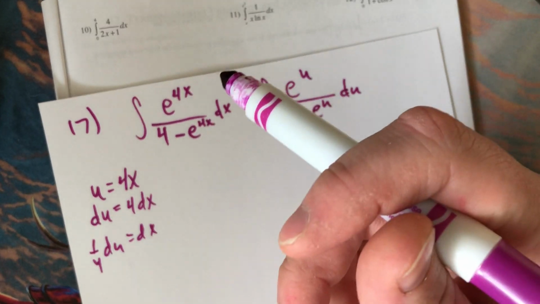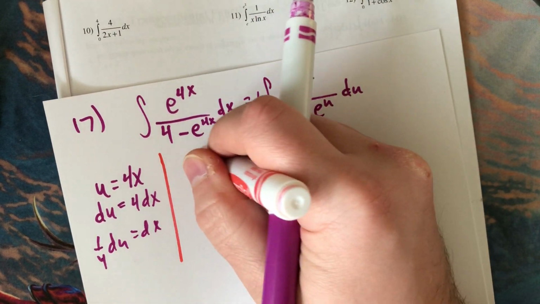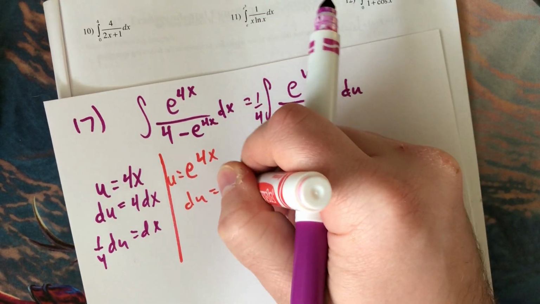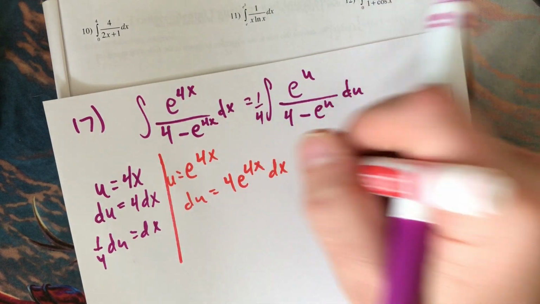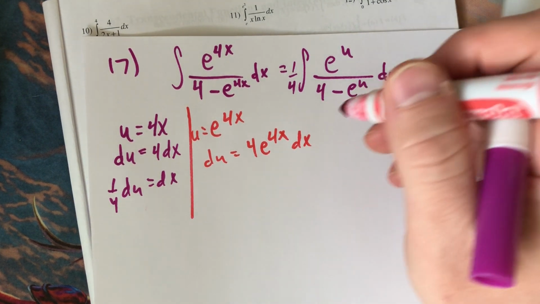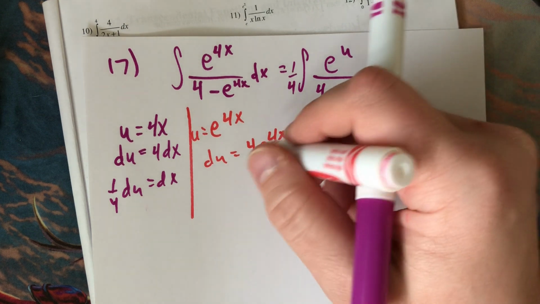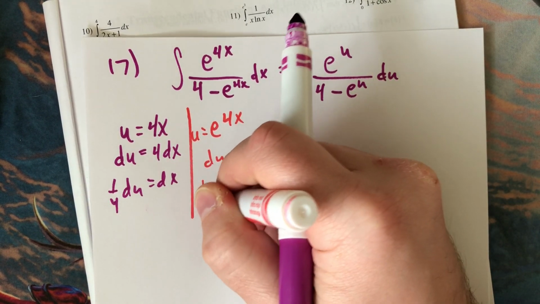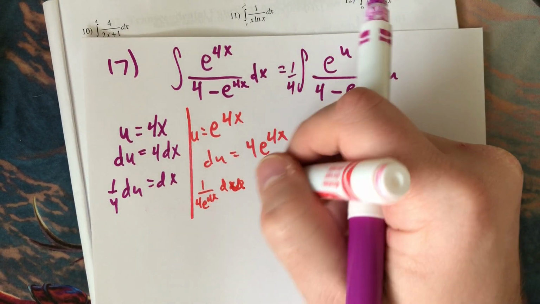Then my next thought was, well, what if I made it the whole e to the 4x? Well, then our du is going to be e to the 4x, but a 4 pops out, right? So if I do that, just drop that over there.